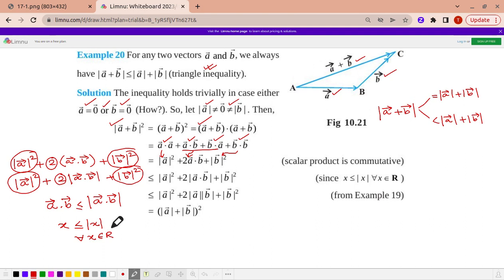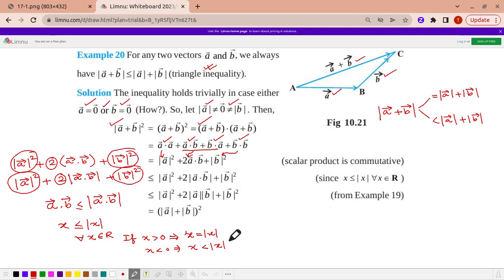Suppose x is positive, then x is equal to mod x, correct? If I elaborate, if x is greater than 0, in this case x is actually equal to mod x. Now if x is less than 0, this implies that x is strictly less than mod x.